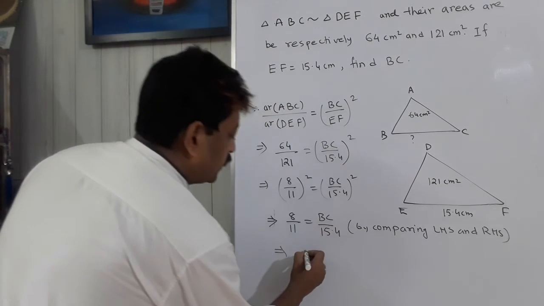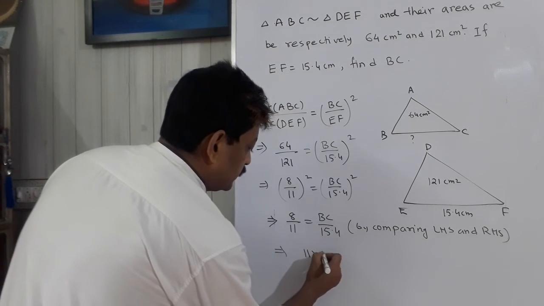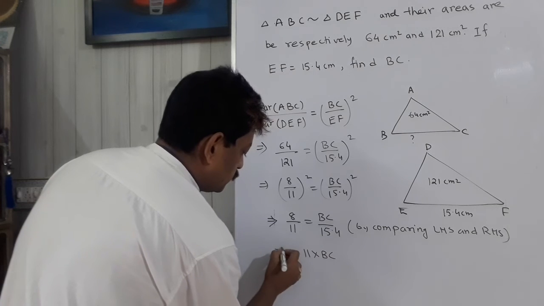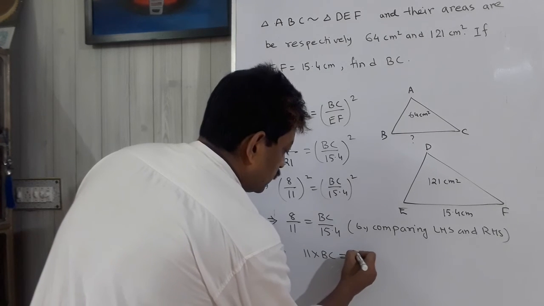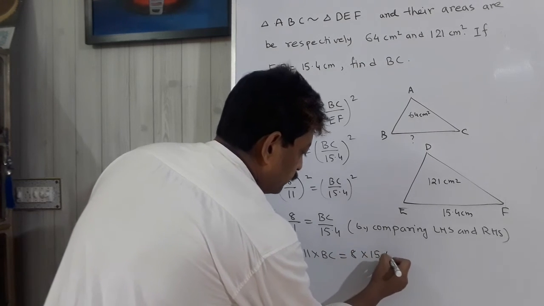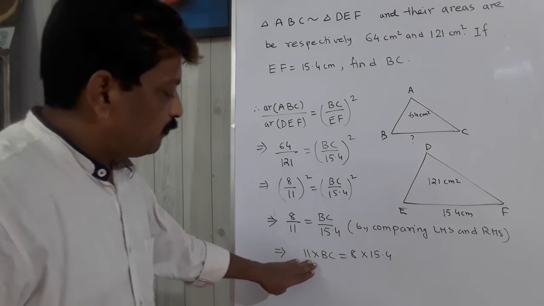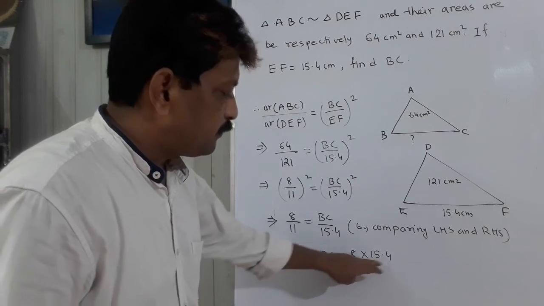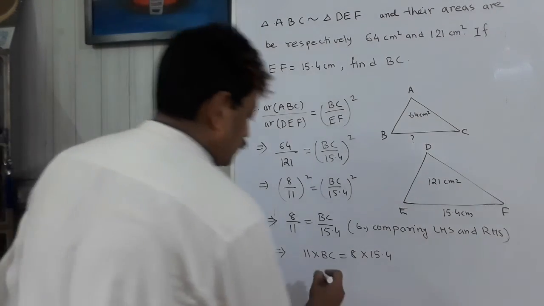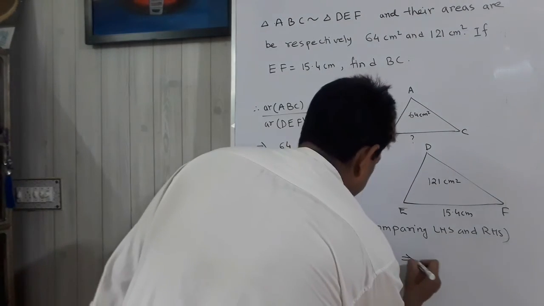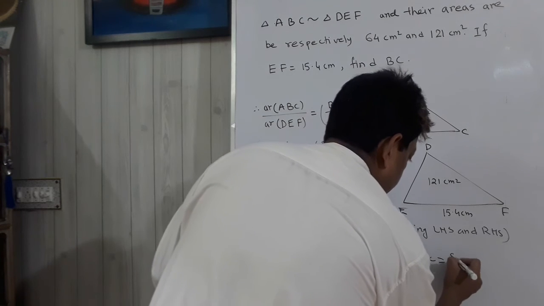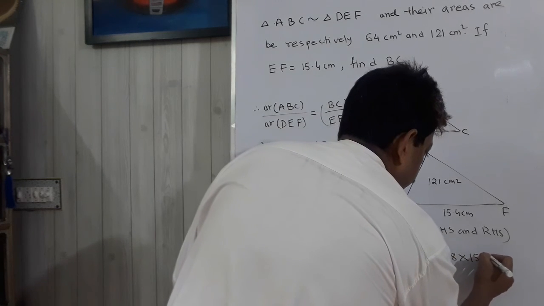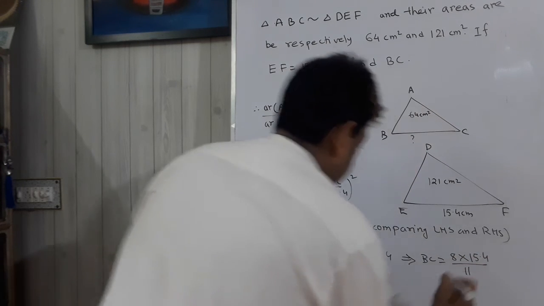So by cross multiplication, 11 multiplied with BC is equals to 8 multiplied with 15.4. So BC is equals to 8 multiplied with 15.4 divided by 11.